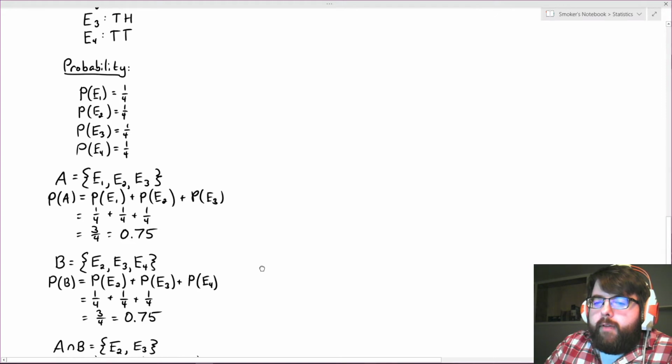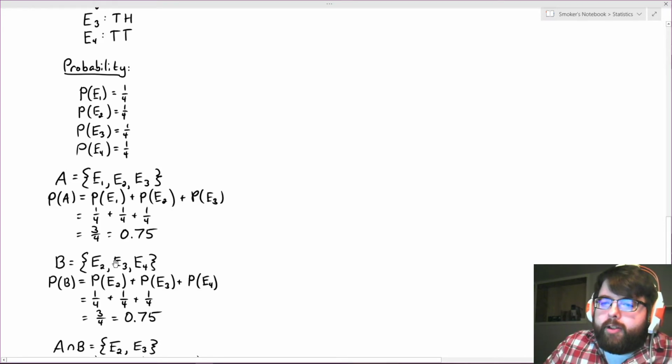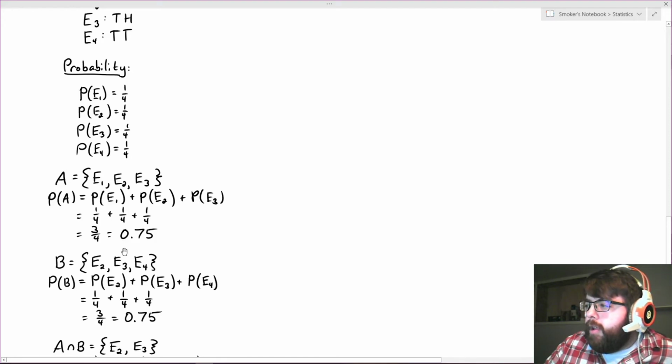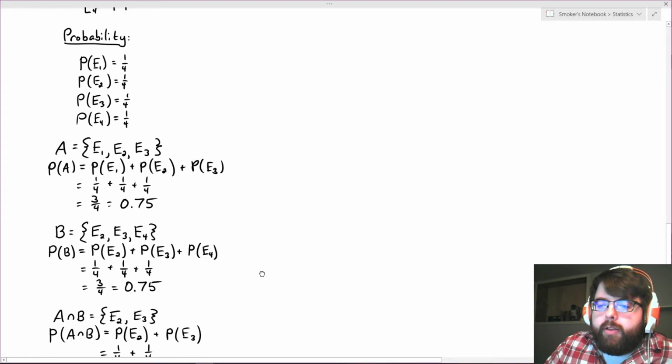What about the intersection of A and B? The intersection will be what these two events share, the simple events these two events share. You can see that 2 and 3 overlap. So the intersection would be anything that's overlapping, and you can see here that 2 and 3 are in common, so we are looking for the probability of E2 and E3.